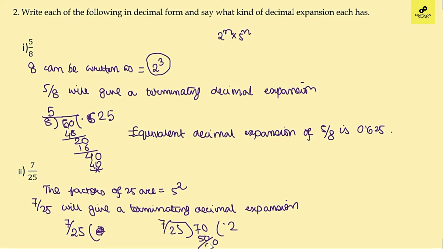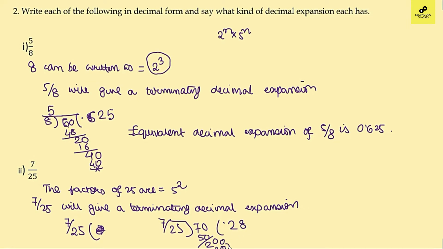So 0, 2, again 20 is less than 25. So here we give a 0 here. The 25 8s are 200. So you are getting the remainder to be 0. So here equivalent decimal expansion of 7 by 25 is 0.28.